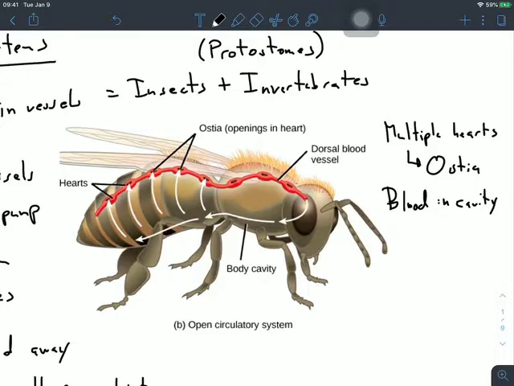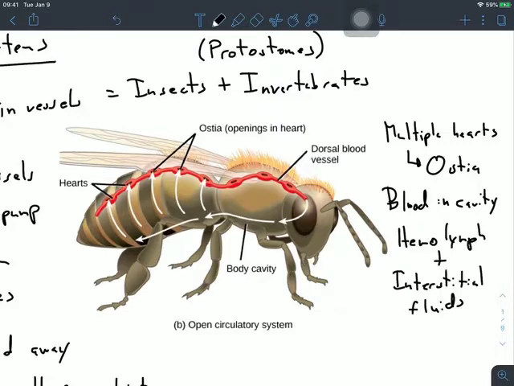Therefore, it is not true blood, but rather hemolymph, a combination of the liquids that would be in the lymphatic system, as well as the heme-carrying molecules that would be present in red blood cells. And the hemolymph is actually mixing with interstitial fluids, all of the support fluids and other things that help keep the insect functional. So it's all kind of one giant soup.